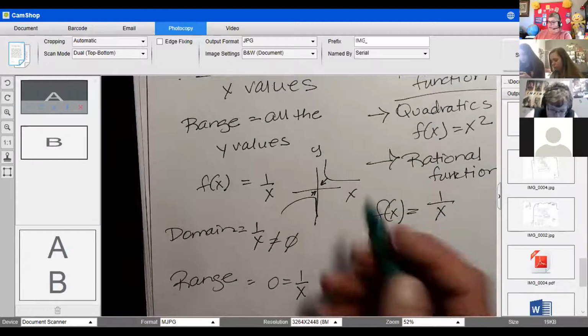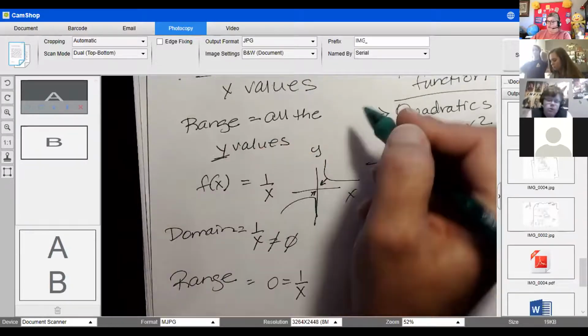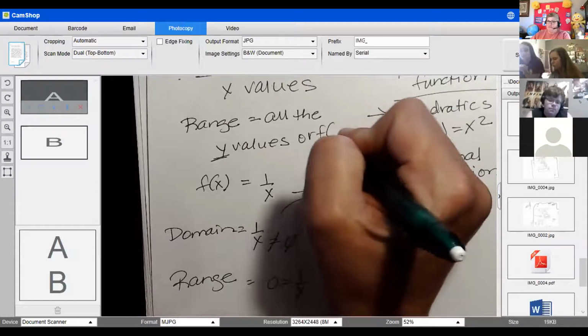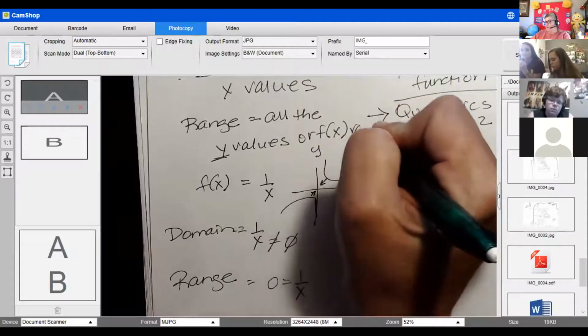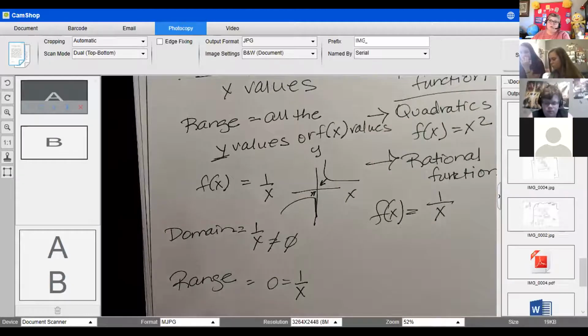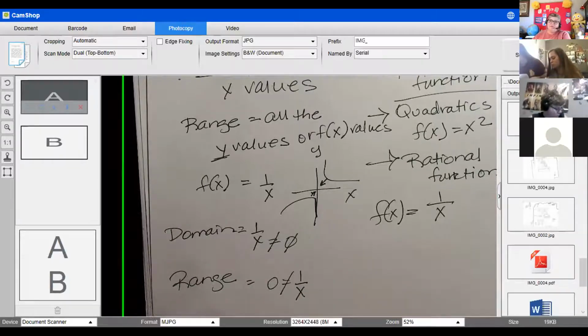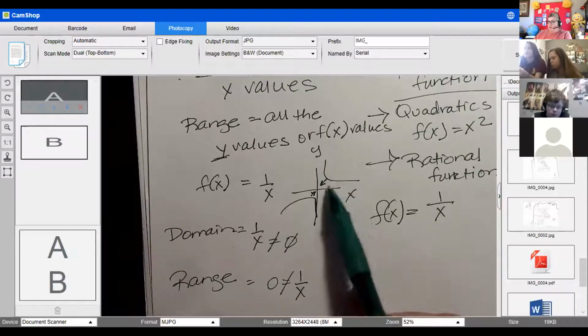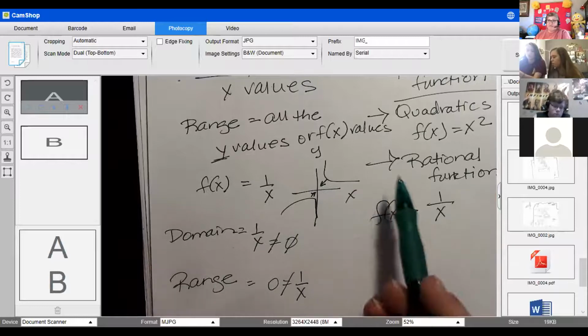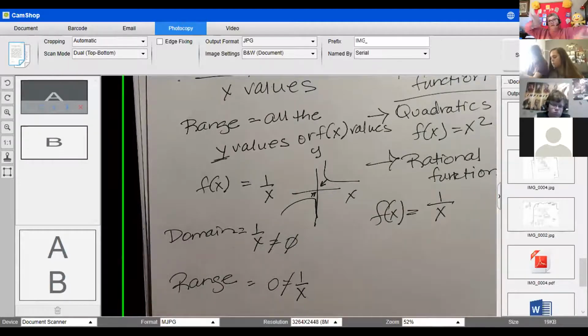And remember that the other word we use for y values is f of x values. And so this fraction can never equal 0. And so that's why the graph looks like it does. It approaches 0 and it is opposite.